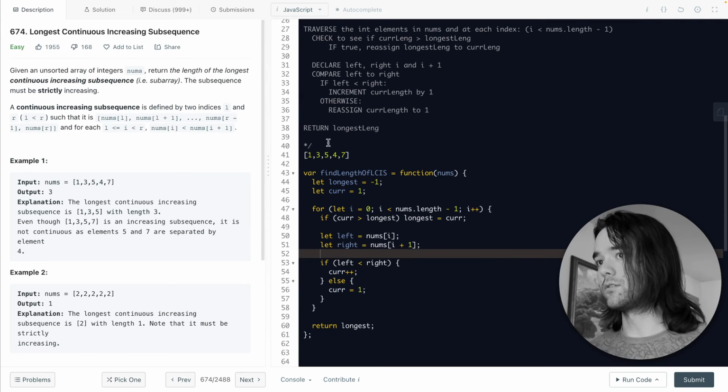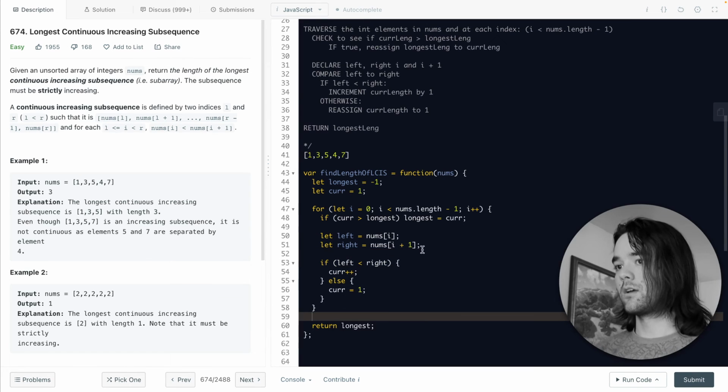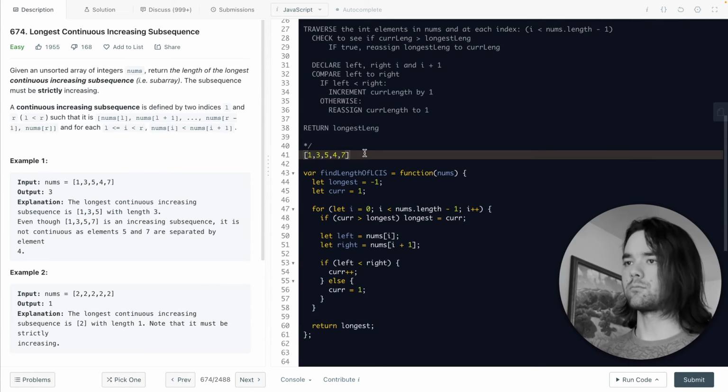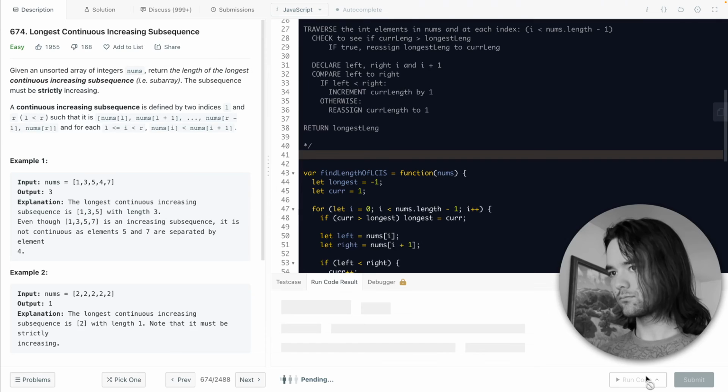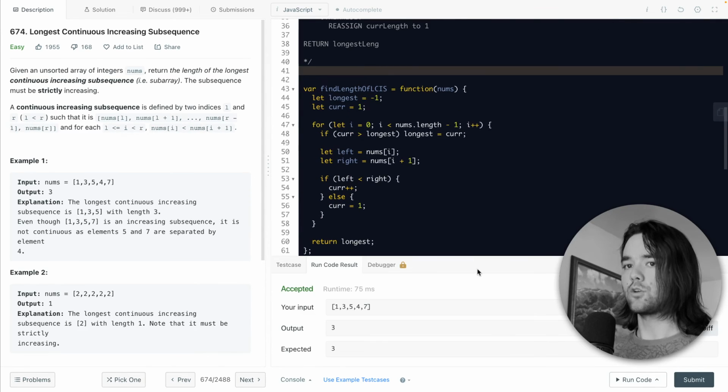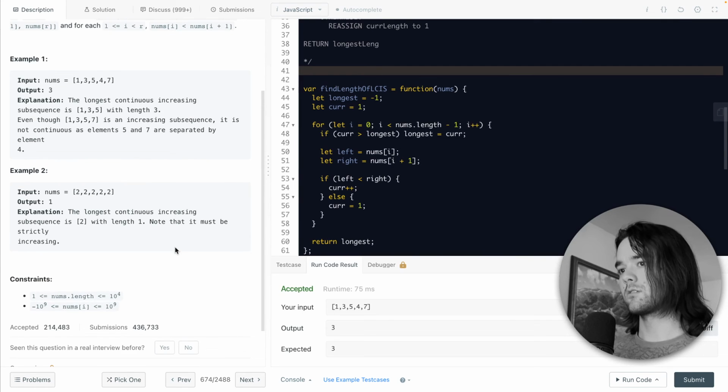So left is 1, right is 3. We're comparing those two values, and we're incrementing current. So yeah, this seems good. I'm going to give it a whirl. Okay, we're passing the given test case.